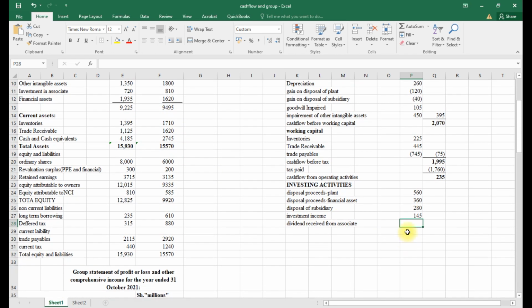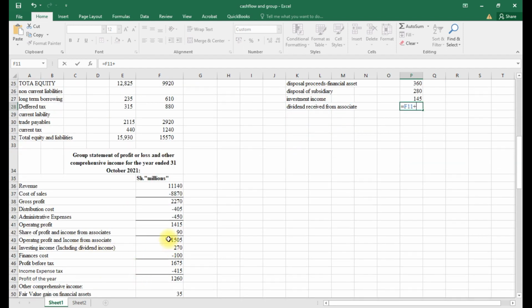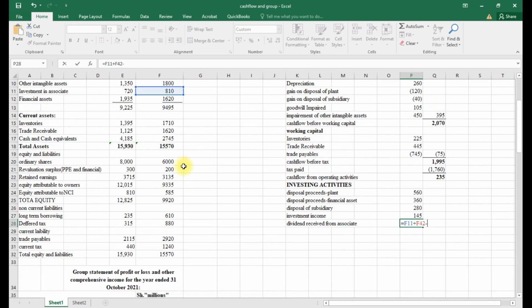So we shall take 810 plus our income that we received in the income statement, the share of profit of 90, and I minus the value at the end. The value at the end was 720, so we received 180 from the investment in associate.